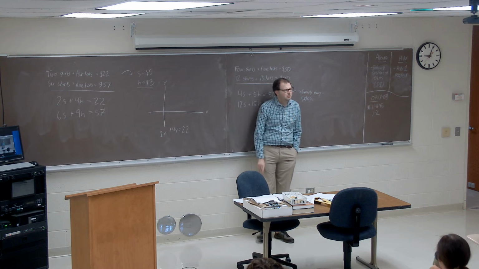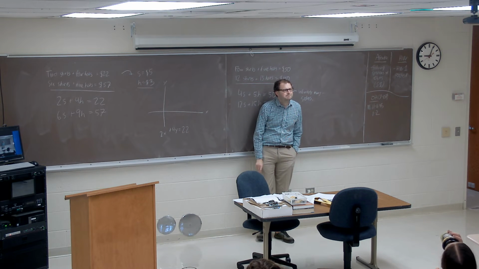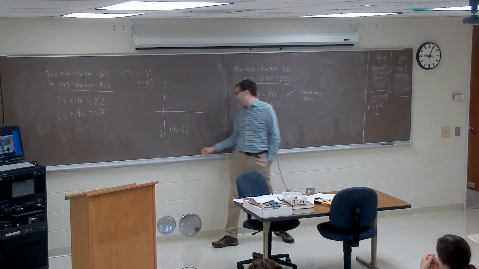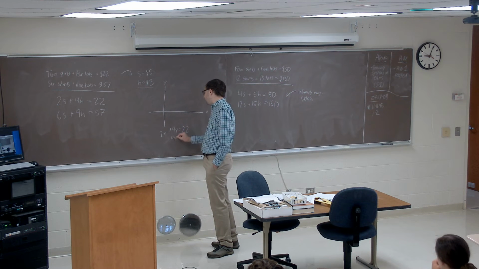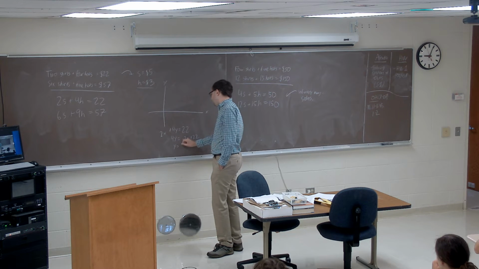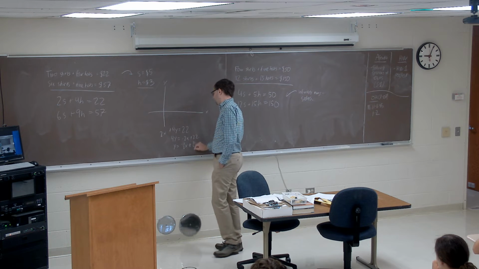How would we graph that? Solve for y and then use slope-intercept form. And we can solve this for y. If 4y is negative 2x plus 22, so y is going to be, what, negative 1/2 x plus 11 halves?